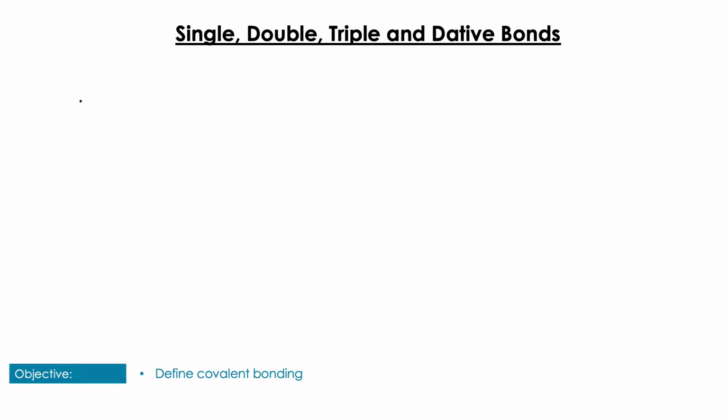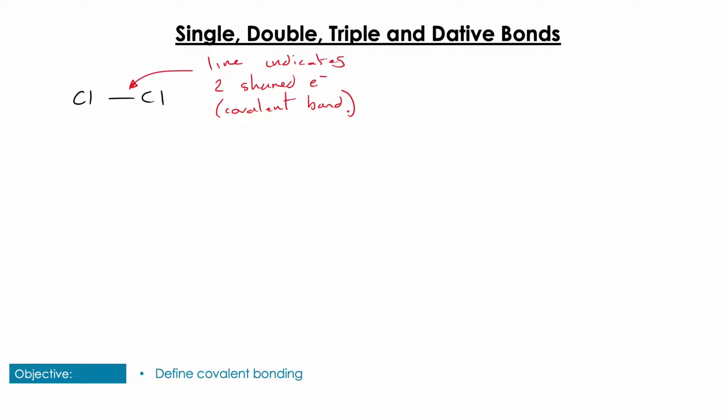Now, these bonds can organize themselves in different ways. We can have single, double, triple, and even dative bonds. For example, in Cl2, we have 2 atoms with 1 gap, so they form a single bond, which is represented by a line between them, which indicates that they have 2 shared electrons between them, and so is a single covalent bond.